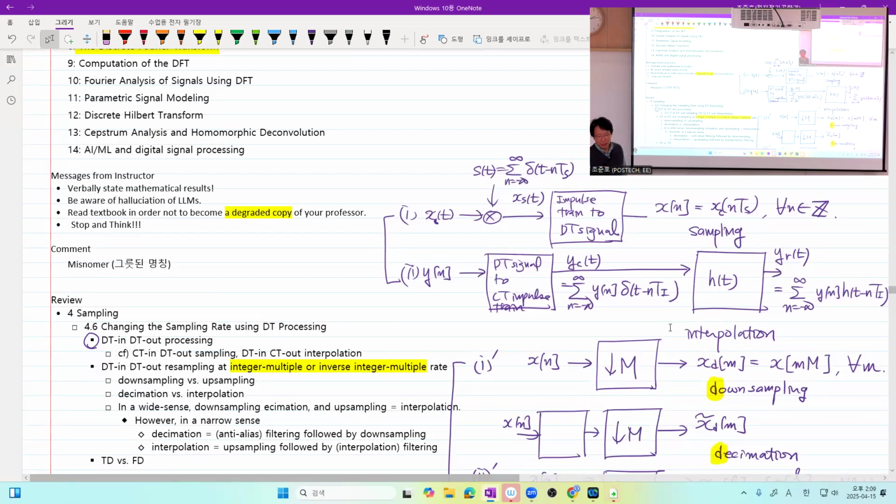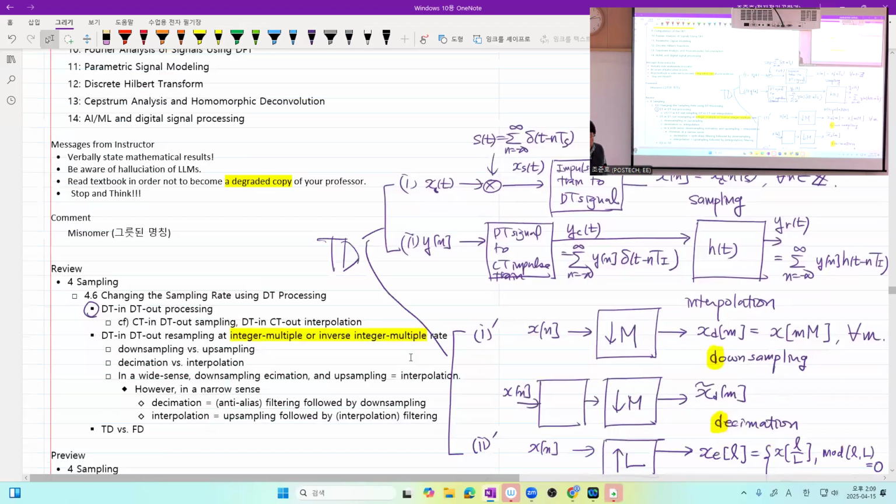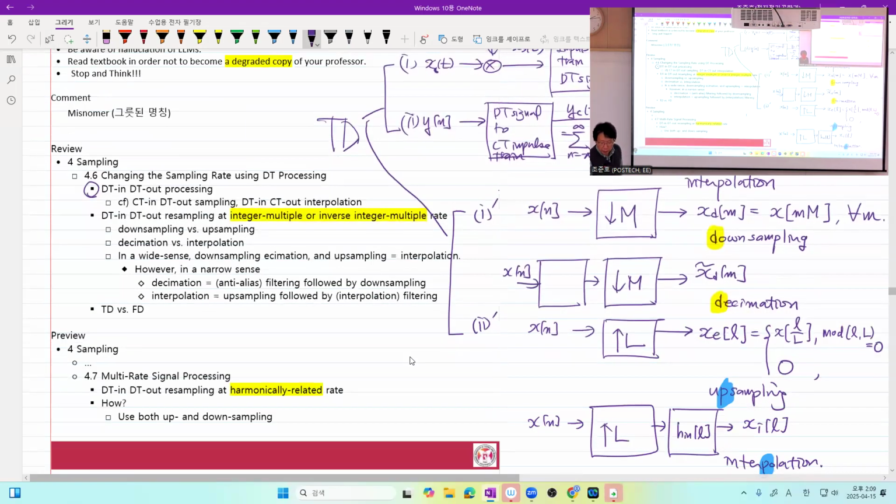Got it? So in the time domain, of course, your story is not yet done, and you need to analyze it in the frequency domain. And that's what you see.